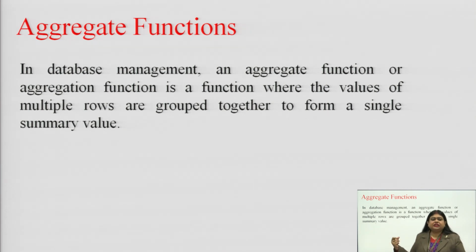So, you saw that in the previous example there were so many salaries, but what we did, we clubbed them using the max salary and we came up with a single value, right.